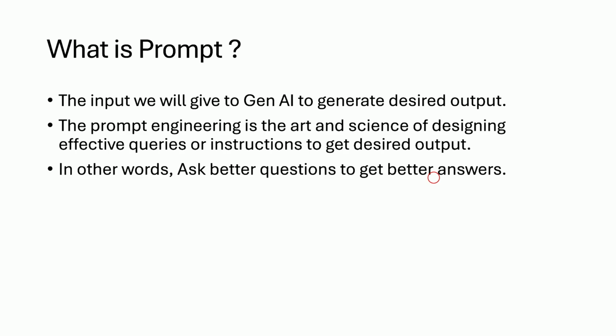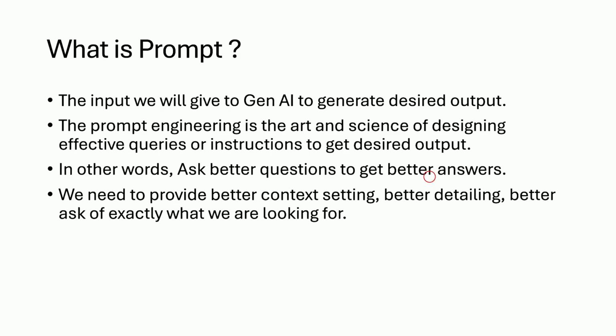Even with humans, if you don't provide a better question, they struggle to answer. They don't understand what you are saying, so they try to understand, and sometimes they won't give you a proper answer. With generative AI you will get the same issue, so you have to ask better questions and provide better context, better detailing, and a better ask of exactly what you are looking for.